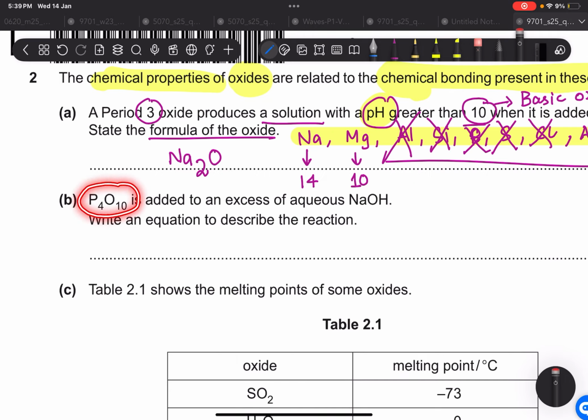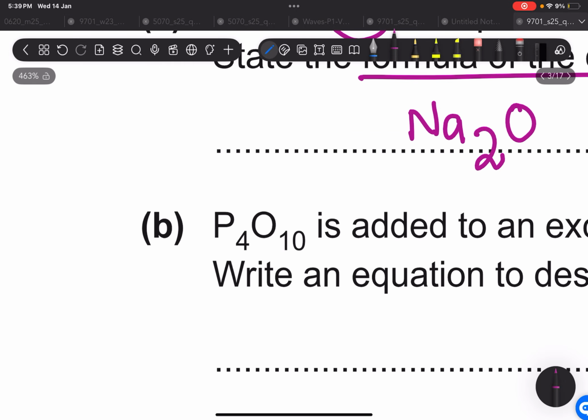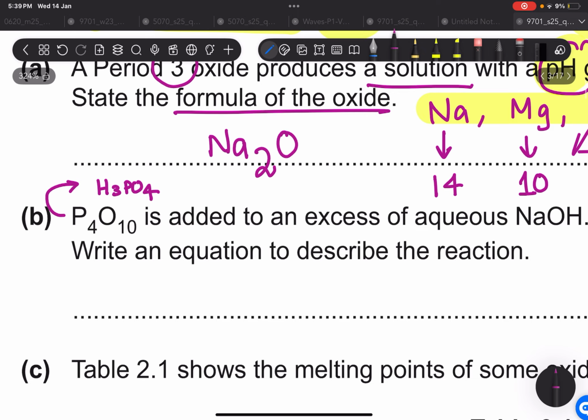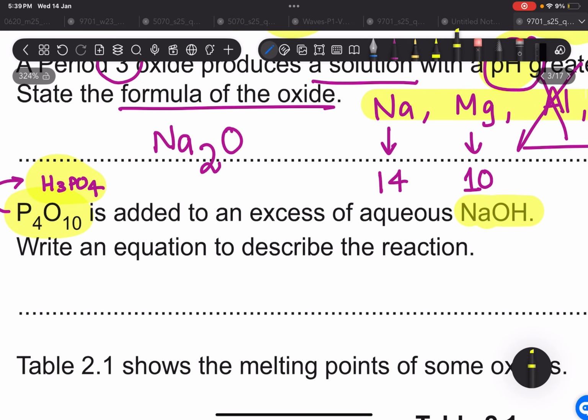First things first, you got to dissolve this in water to form an acid. So if we dissolve it in water, what kind of acid are we going to form? We're going to form H3PO4, which is phosphoric acid. Now this H3PO4 is basically going to react with my NaOH. You got to make sure that you add this in water to form this, and then this is going to react with your NaOH.